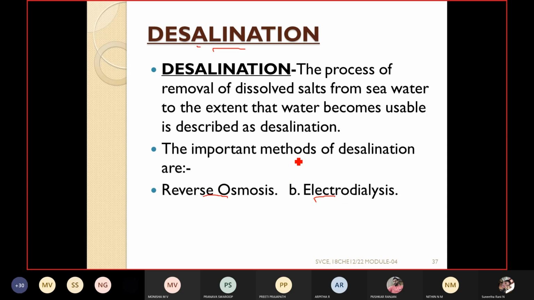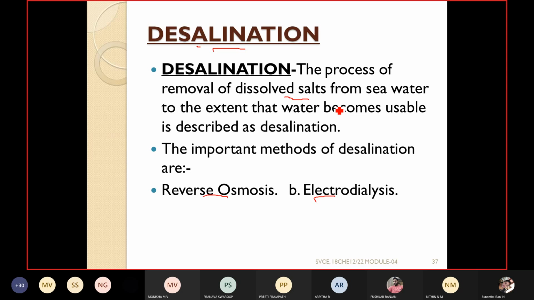So what is desalination? The process of removal of dissolved salts from sea water to the extent that the water becomes usable is described as desalination. So it is the removal of whatever dissolved salts are present in the sea water.